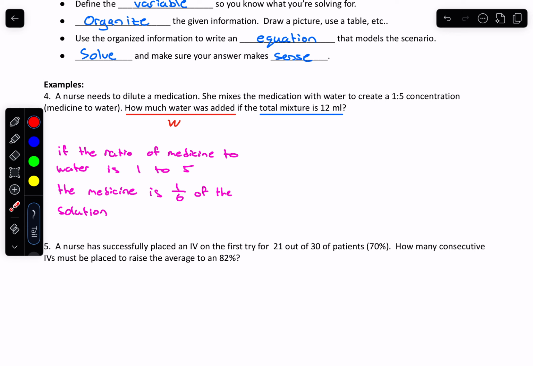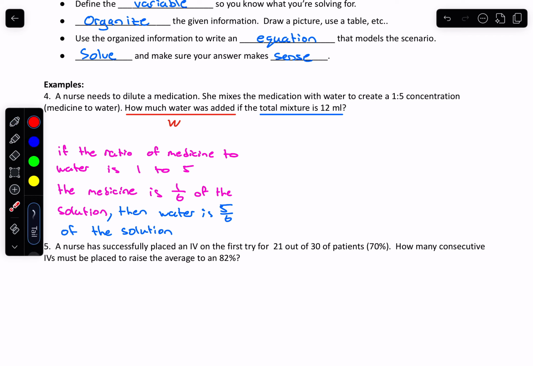So now we've got to turn this around. We want to know how much water is added. So if medicine is 1/6 of the solution, then water is 5/6 of the solution. Because if 1/6 of it is medicine and the only other thing in it is water, then 5/6 of the solution is water.